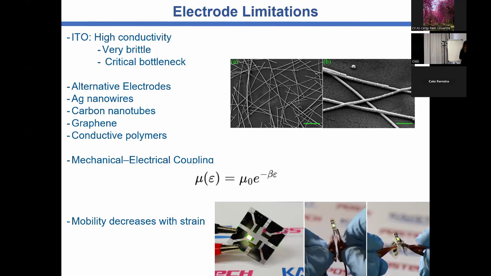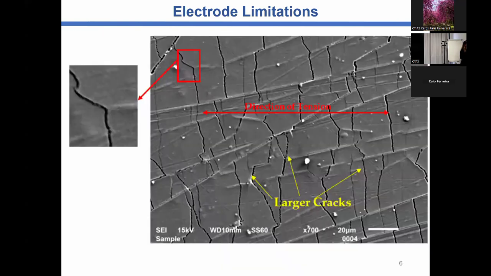If we increase the strain, we will reduce the mobility of the electrode. So we seek a new electrode that could have this non-stress sensitivity related to mobility. It's better for the application.